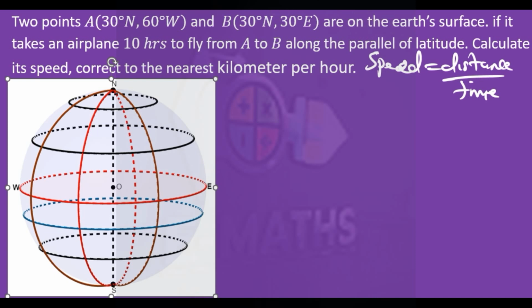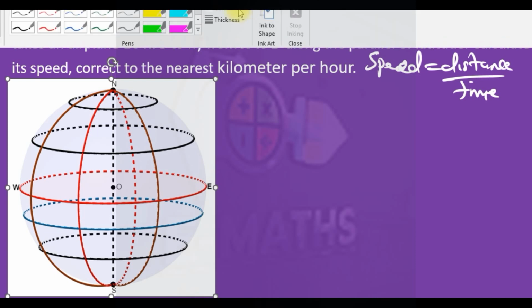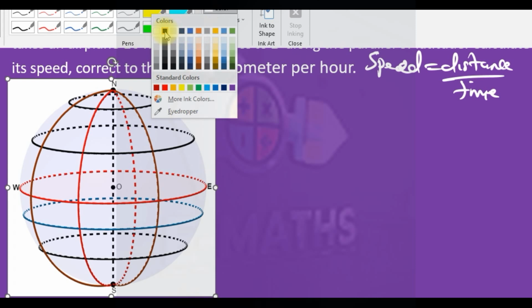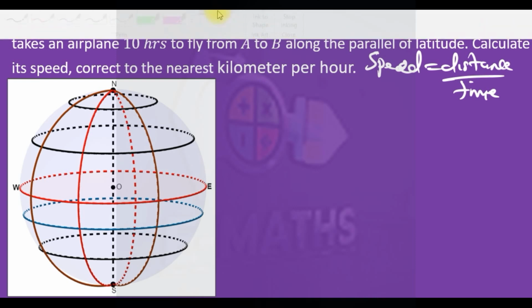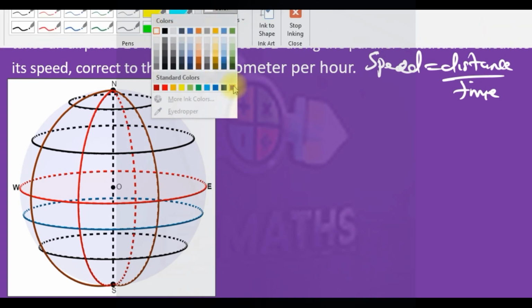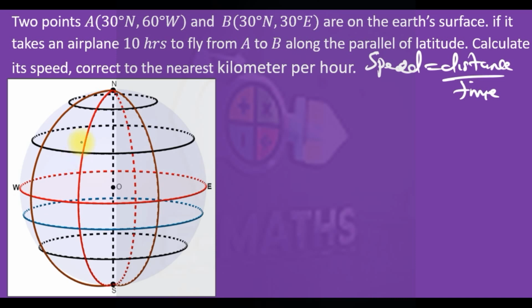So look at my globe. If I locate this, this is 30, so they say 30 north, 60 west. While this is 30 north, 30 east. So they have common latitude of 30.